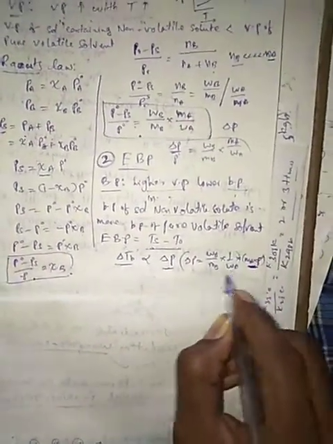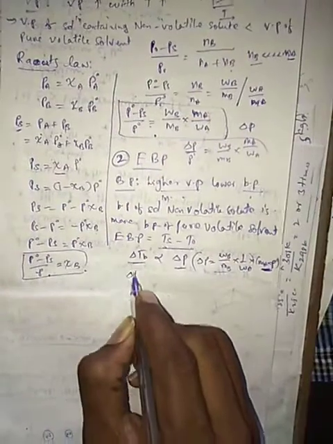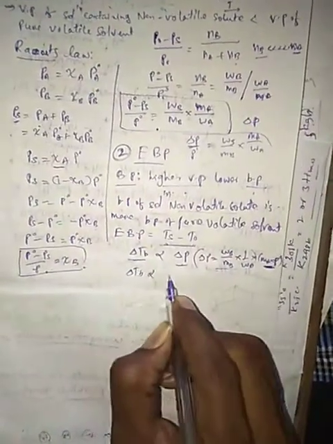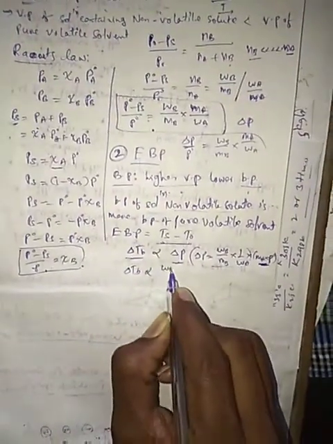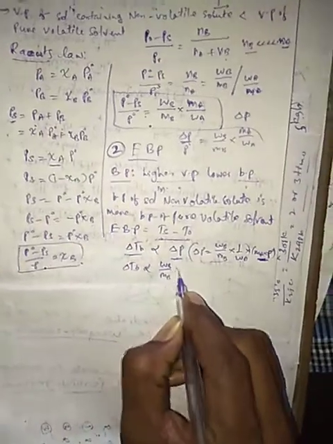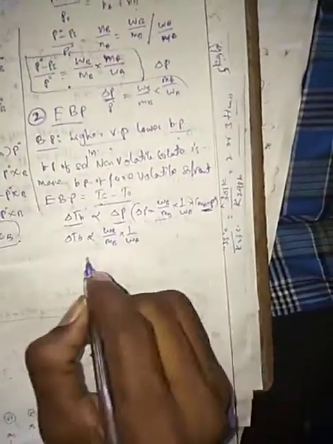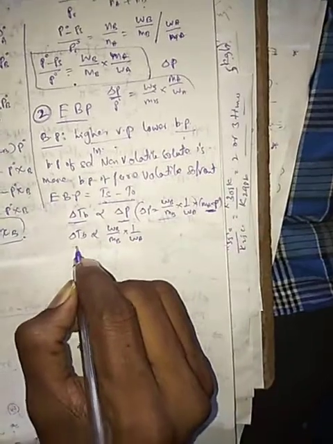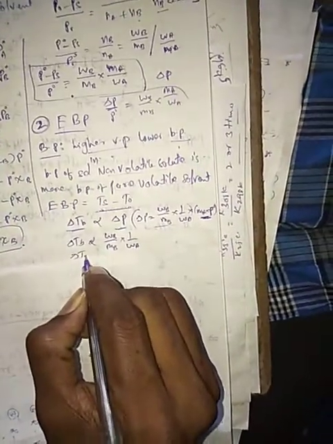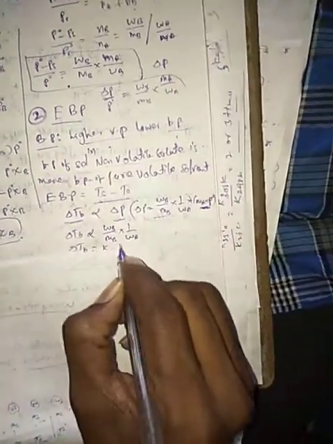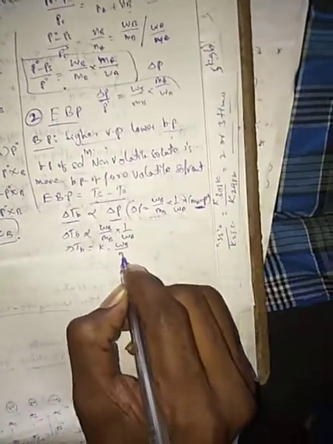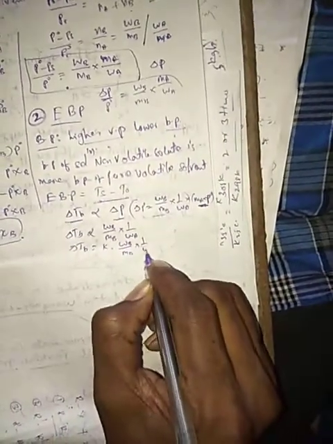Remaining, we can write delta TB directly proportional to WB by MB into 1 by WA. If we remove the proportionality, we get that delta TB is equal to K into WB by MB into 1 by WA.